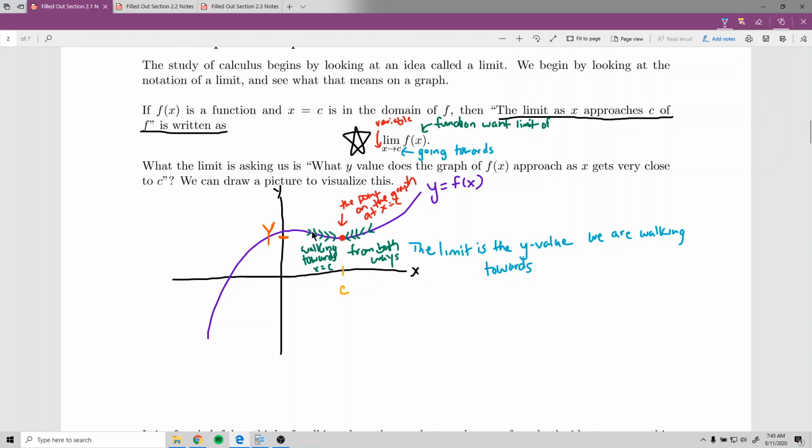As we move towards x equals c on the graph from the left, as we move towards it from the right, kind of, you walk one way, you walk another way towards it, what y value are we going to? And the reason I gave this a name is the y value we are going to is just capital Y for this example.